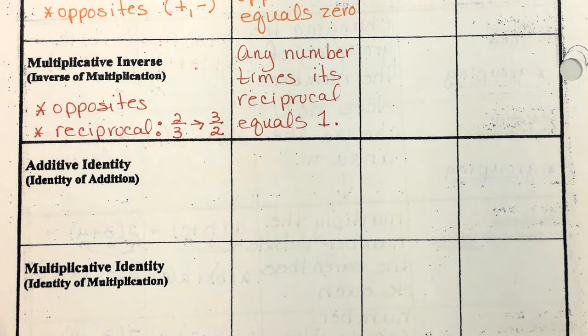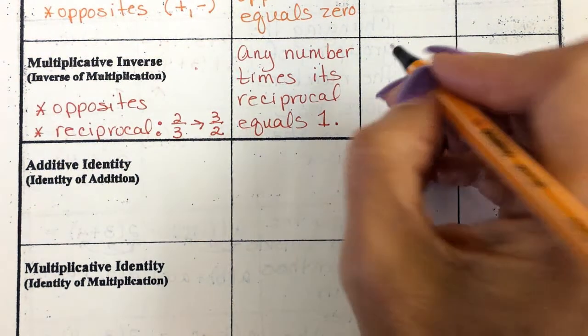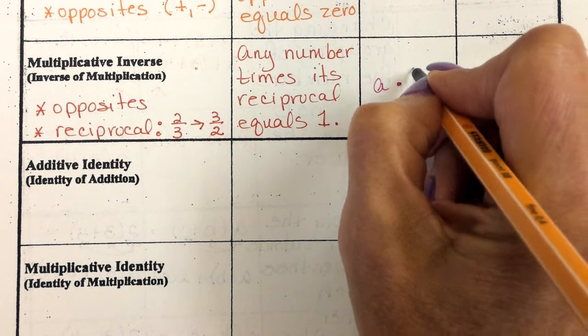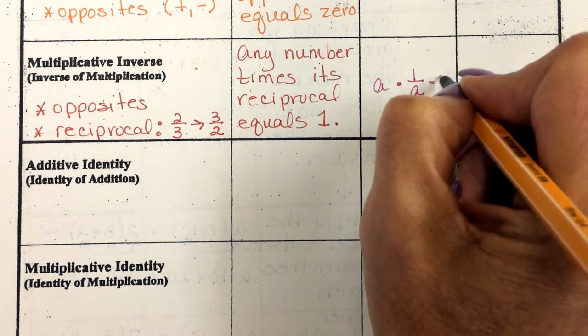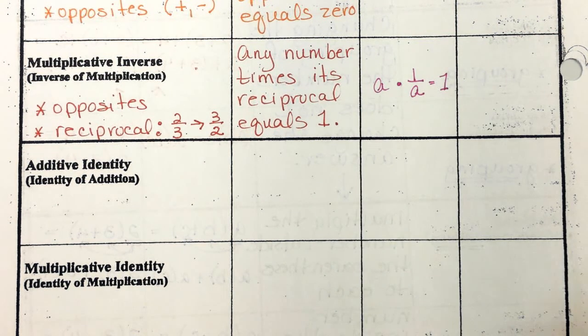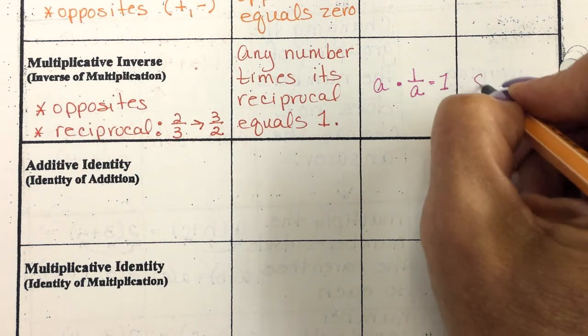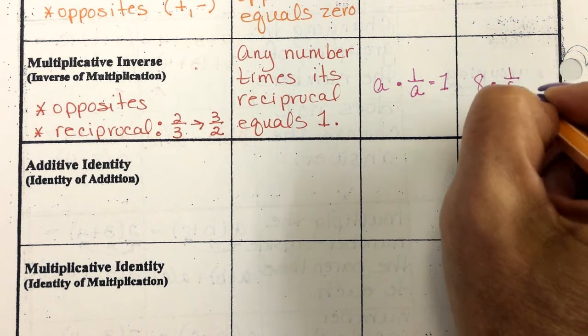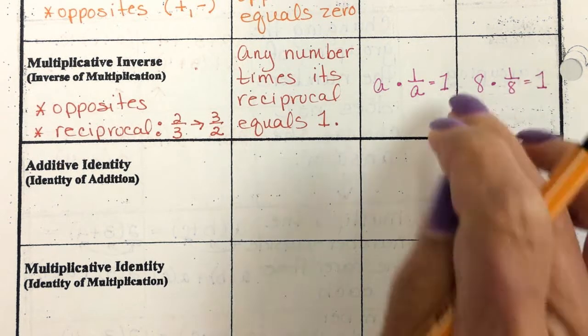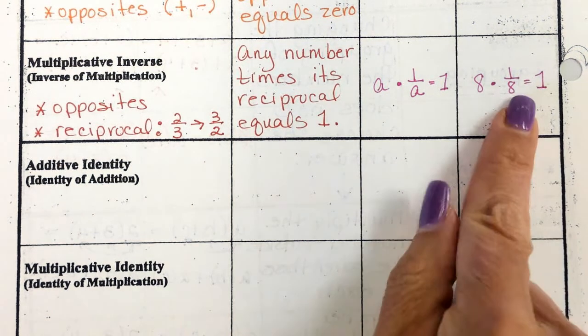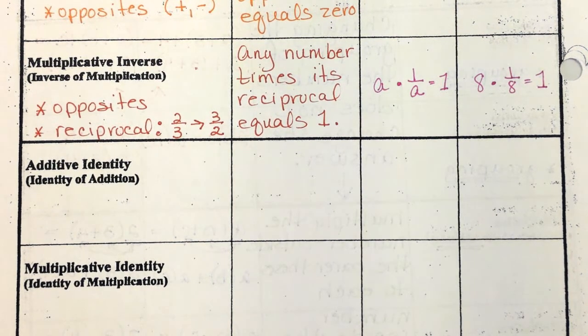So what does that look like? Algebraically, any number times its reciprocal equals 1. And mathematically, let's say 8 times 1/8 equals 1. Remember, the reciprocal of a whole number puts that whole number in the denominator, and your numerator becomes a 1.